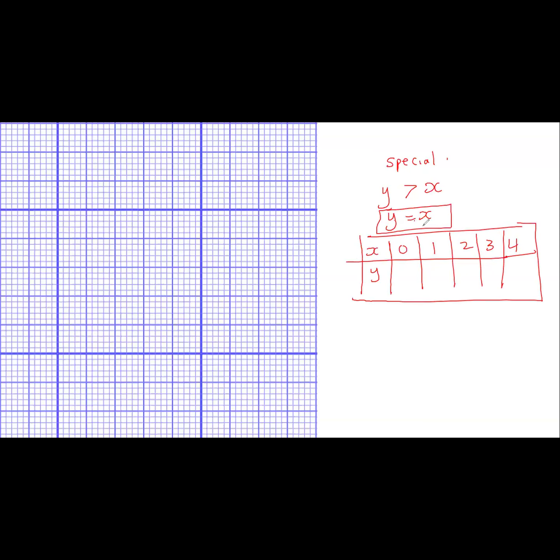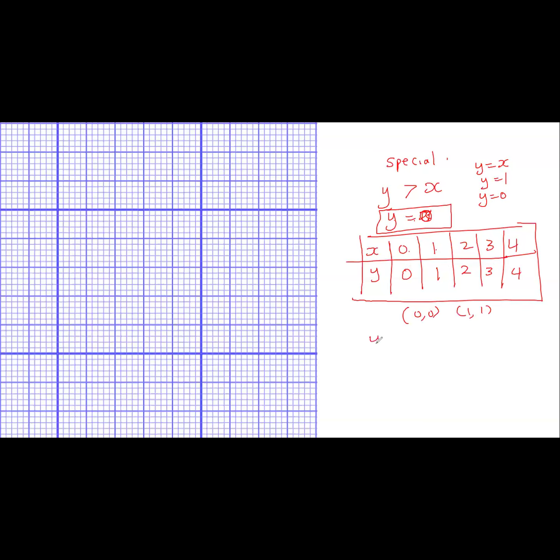So when x is 0, where there is x, I put 0, so our y will be 0. When x is 1, we shall have y is equal to 1. So you will find 1, 2, 3, 4, like that. So for you, extract those points: 0, 0, 1, 1, and the rest.